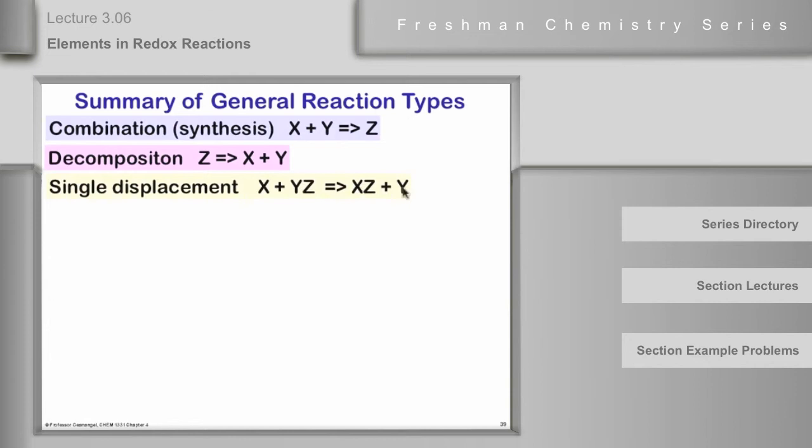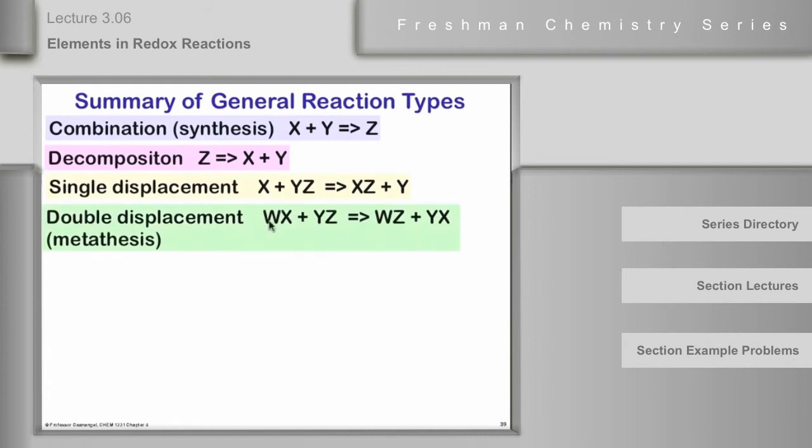X kicks out Y from YZ and forms XZ. A double displacement is like this. It's sometimes called a metathesis reaction. WX plus YZ goes to WZ plus YX. So those are the templates, and your job will be to assign real reactions to these various templates.